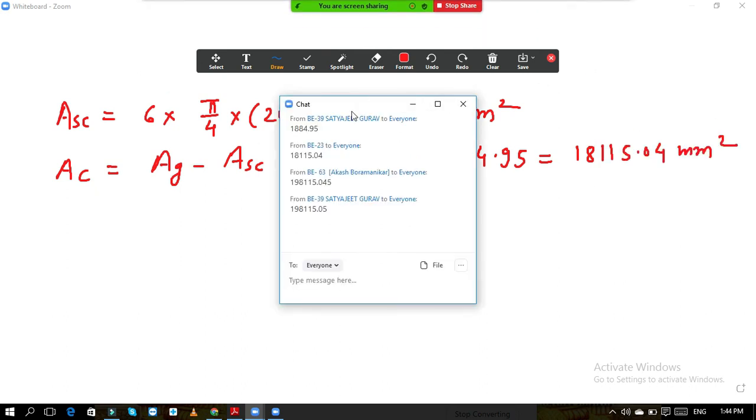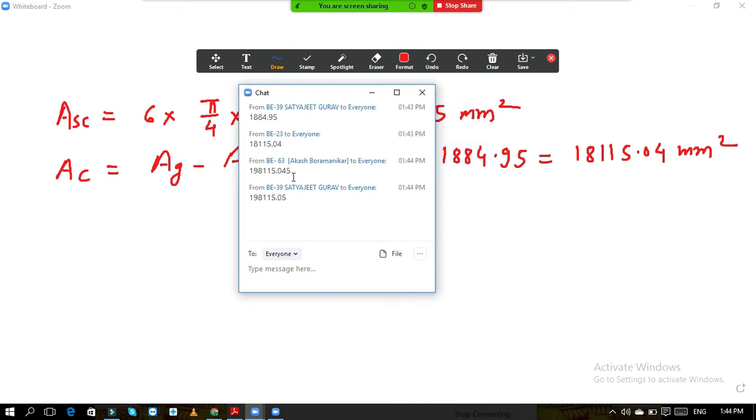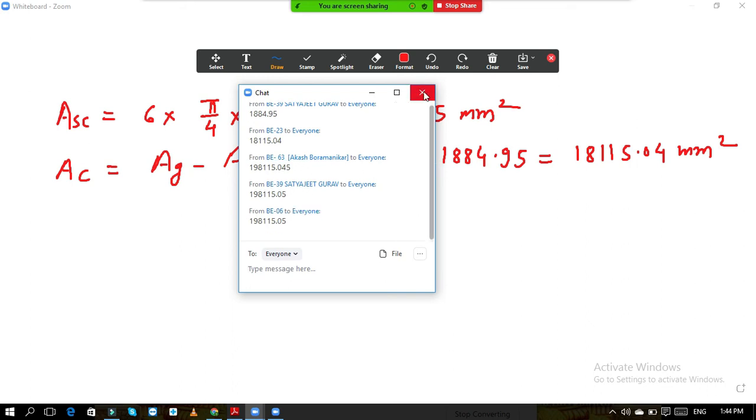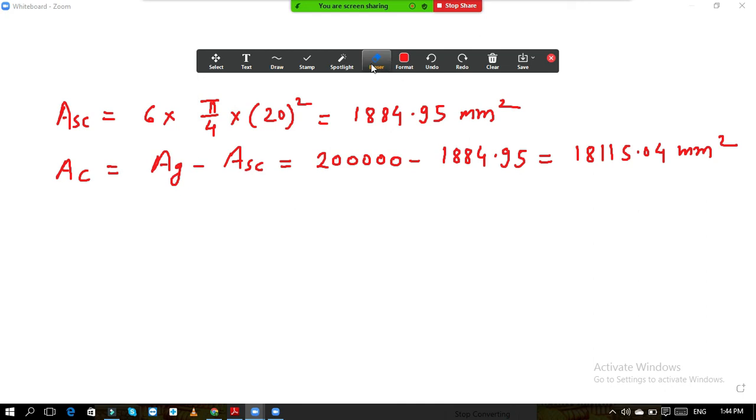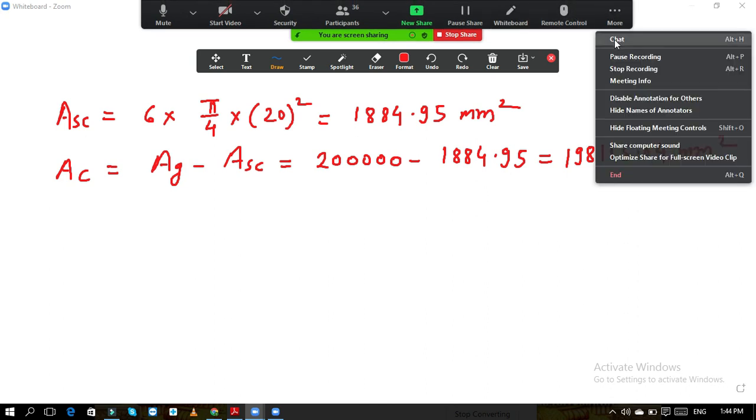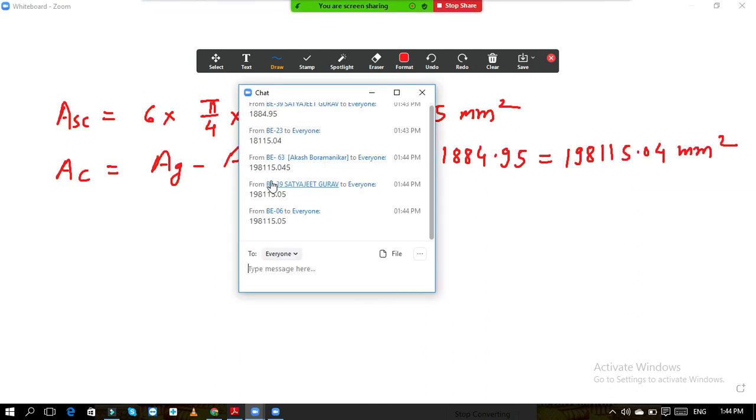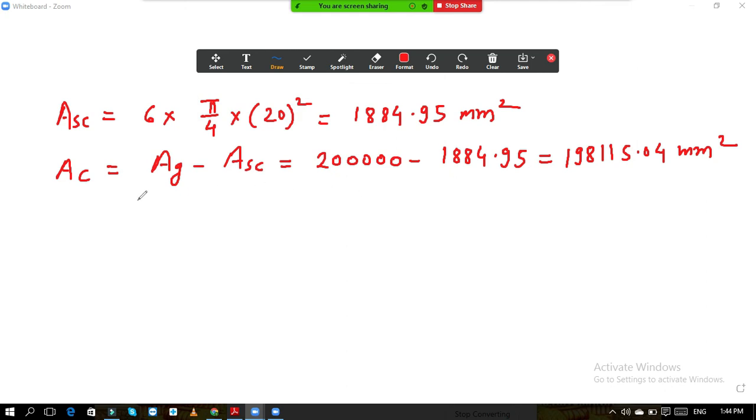So this answer is wrong. The correct answer is 198,115 mm square. Now this area is correct.